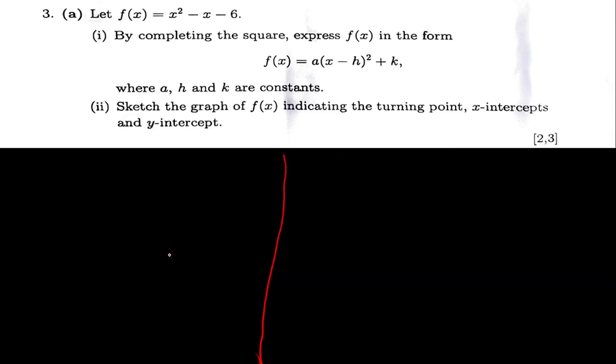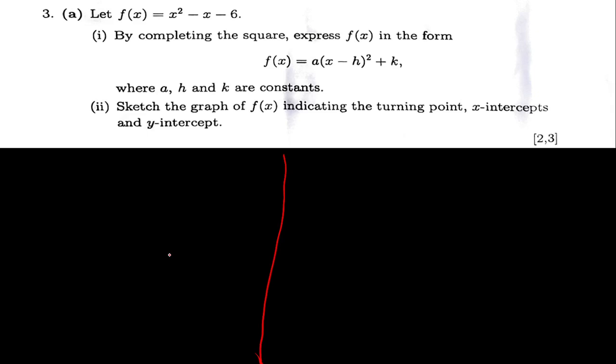So for now, let me just quickly sketch the graph. So we have the x-axis, we have the y-axis, and then like I did, I'll make sure that I'm a bit careful with the turning point.